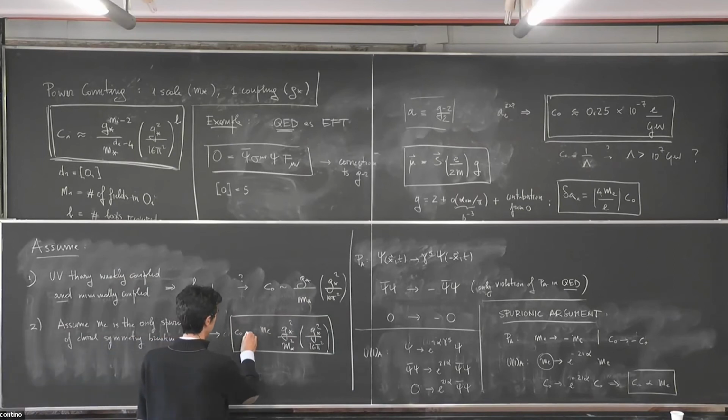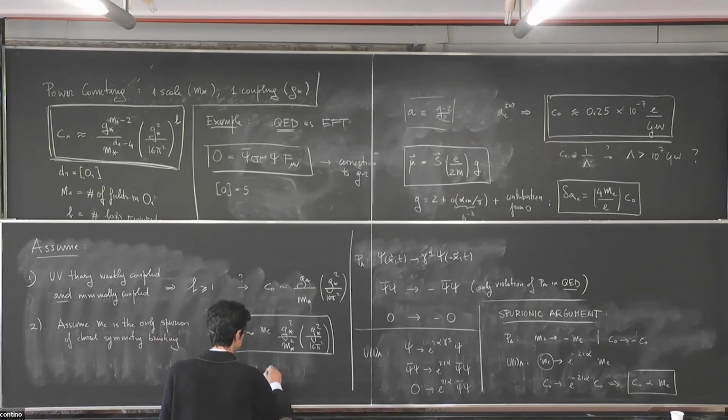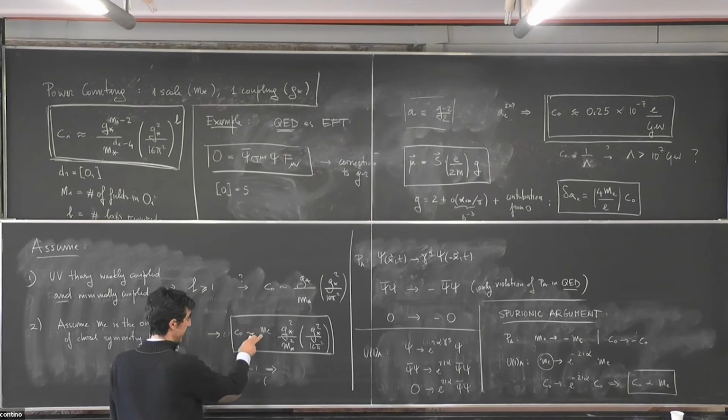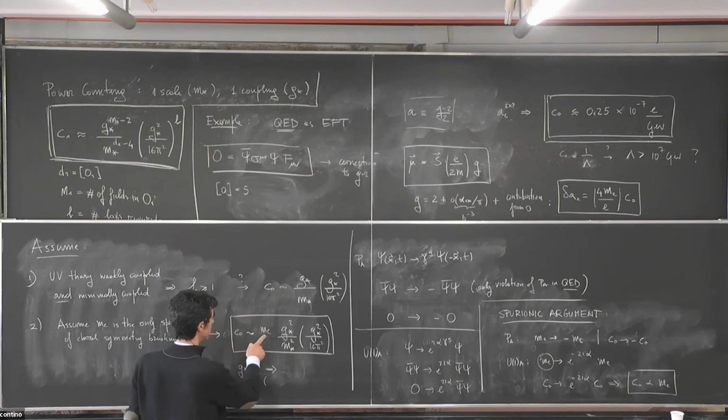Now, if you use this estimate with g star of order 1, this implies... Of course, at this point, you see that if C is proportional to the mass of the lepton whose G-2 you're considering, then it's clear that considering the muon would be better, because you go from half MeV to 100 MeV.